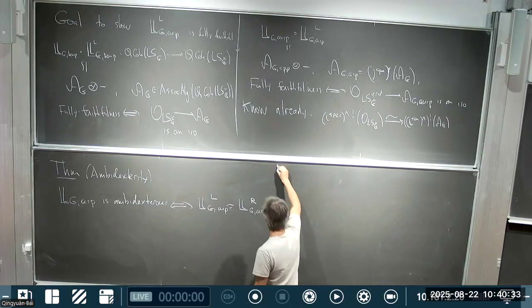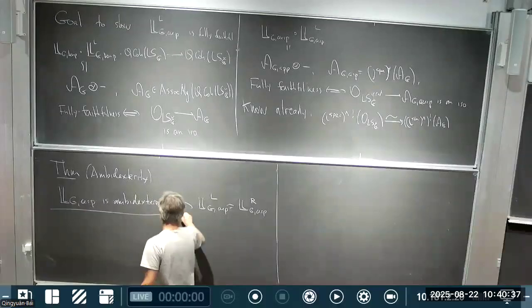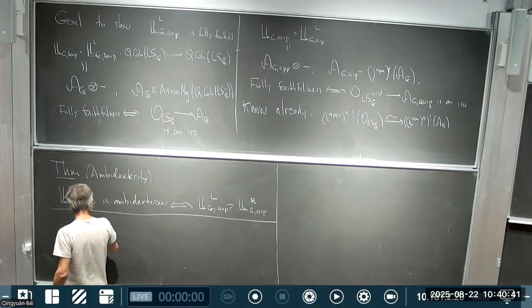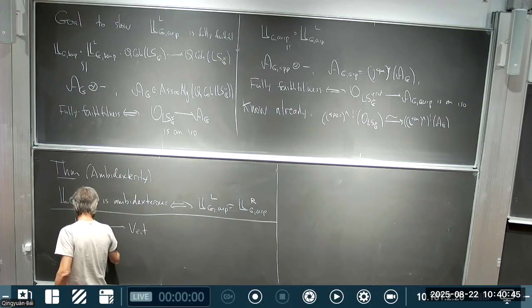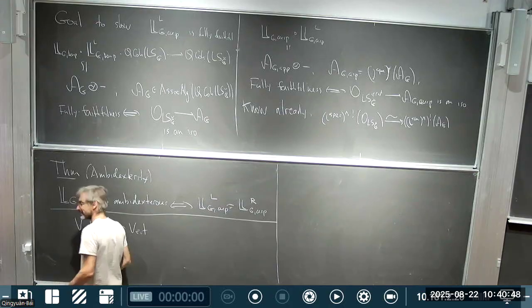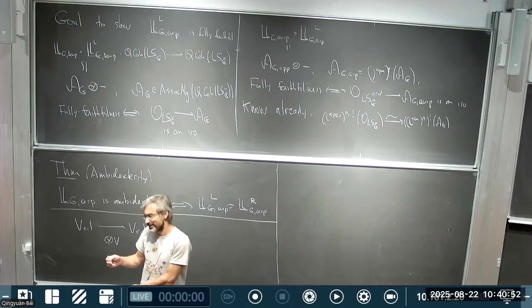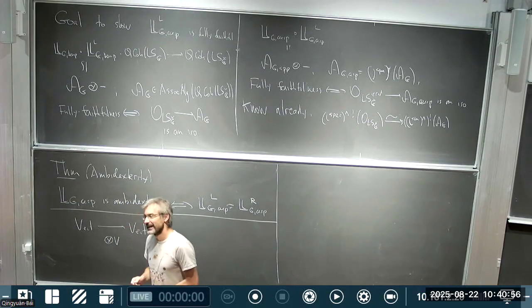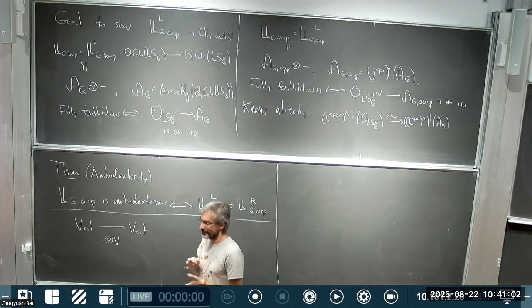So let me give an example of something ambidextrous. In ordinary mathematics, if you have a functor from vector spaces to vector spaces given by tensoring with a finite dimensional vector space, this is ambidextrous. The left adjoint is given by tensoring with the dual, and the right adjoint is tensoring by the dual. So that's the kind of thing that's ambidextrous. Arguably, there are not so many ambidextrous things in nature. Of course, an equivalence of categories is ambidextrous.